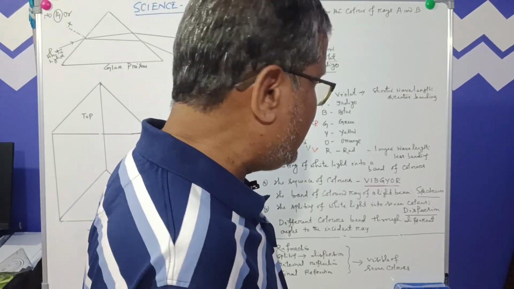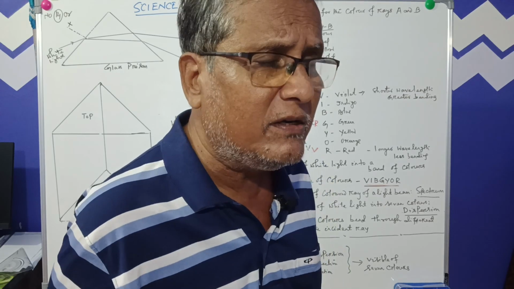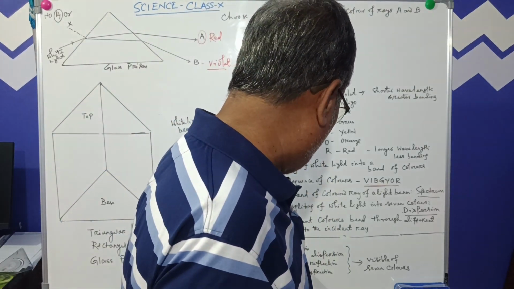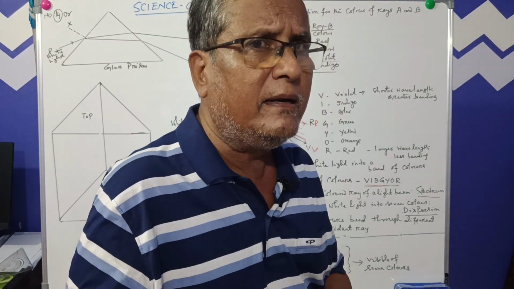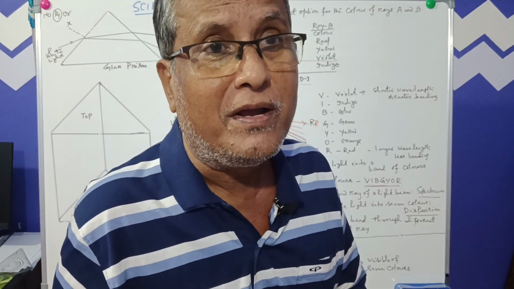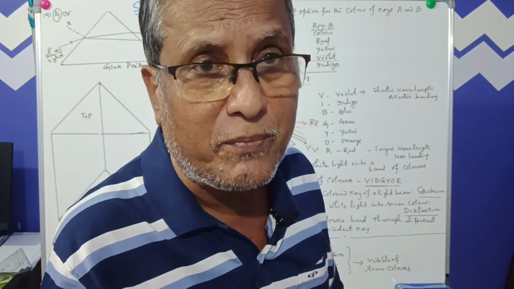But this question has been asked in several ways. Particularly, four phenomena take place in order. You have to remember the order, and this orderly arrangement is very important from your examination point of view.